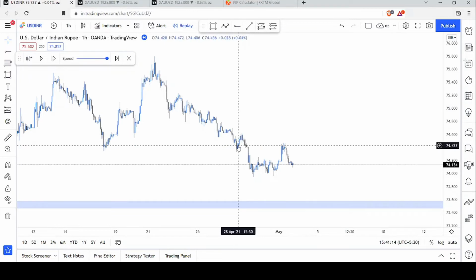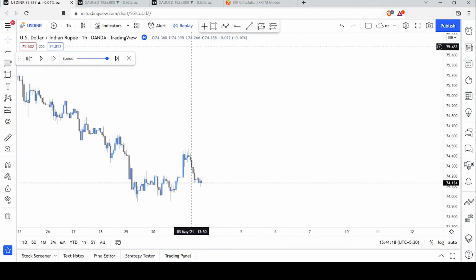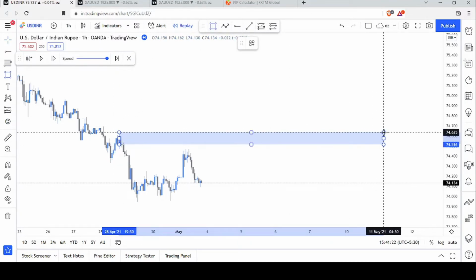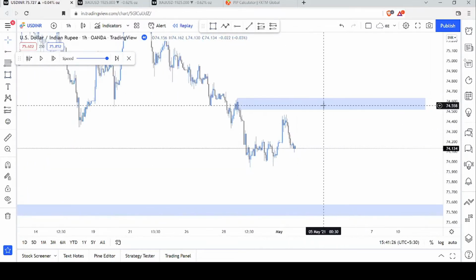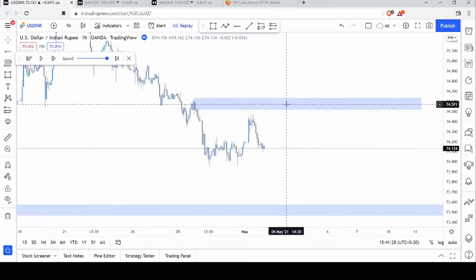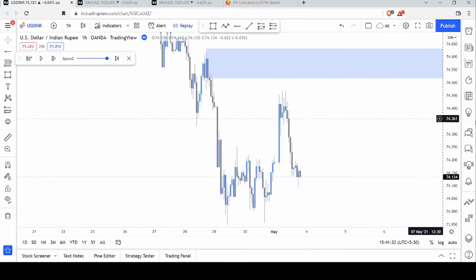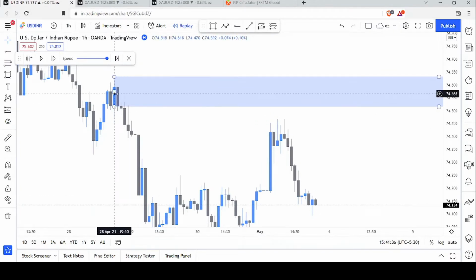So this break of structure right here is coming from this zone. So now this is how you can start to involve yourself. While you're waiting for this, you already got a setup. If price comes back to this zone, then I'm going to look for a sell. And if you understand how you refine your orders, this is already mitigated, and this is mitigated, this is mitigated.